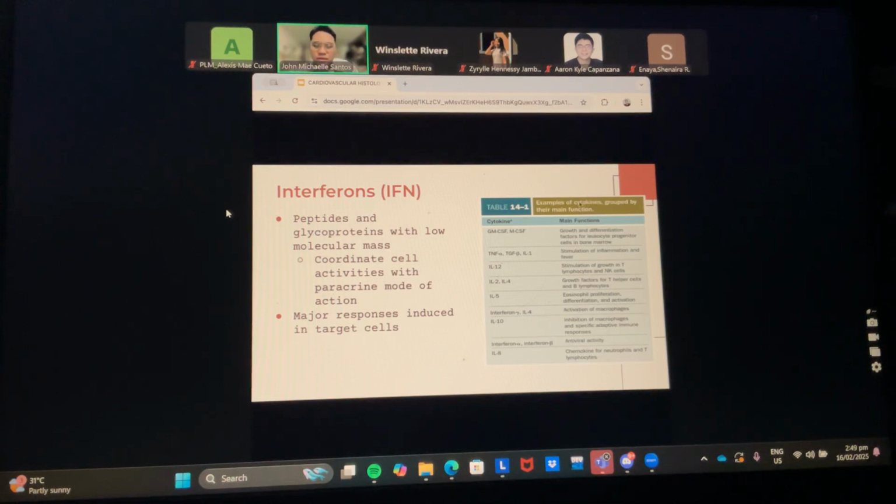Your cytokines can be in the form of granulocyte colony stimulating factors or monocyte colony stimulating factors, and so on. What are their functions? They mainly function in cell differentiation.